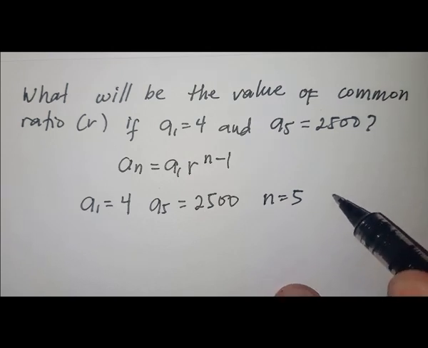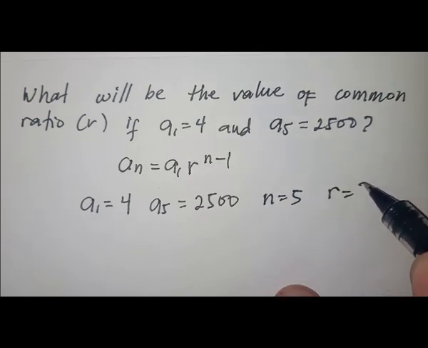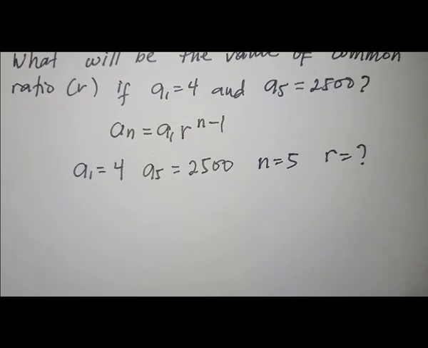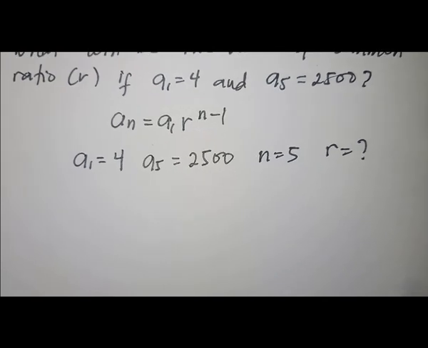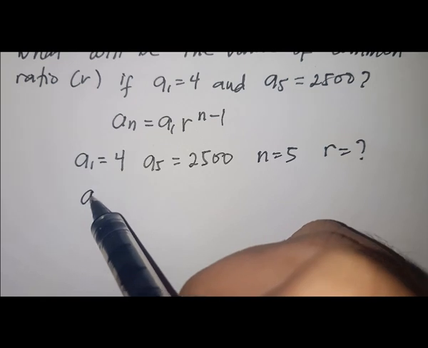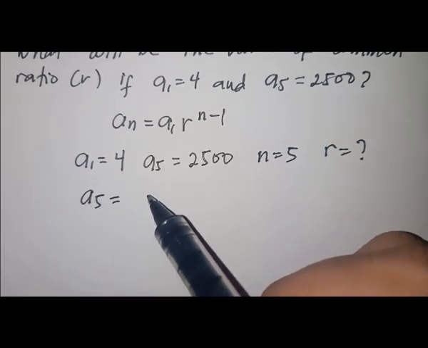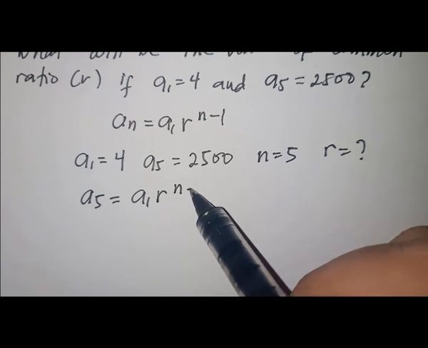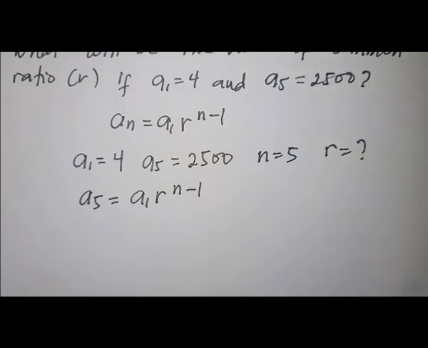Ngayon, kailangan lang nating hanapin yung ating common ratio from the given sequence. Substitute natin yung corresponding value. Rewrite muna natin yung equation. The equation will become a sub 5 equals a sub 1 times r raised to n minus 1.